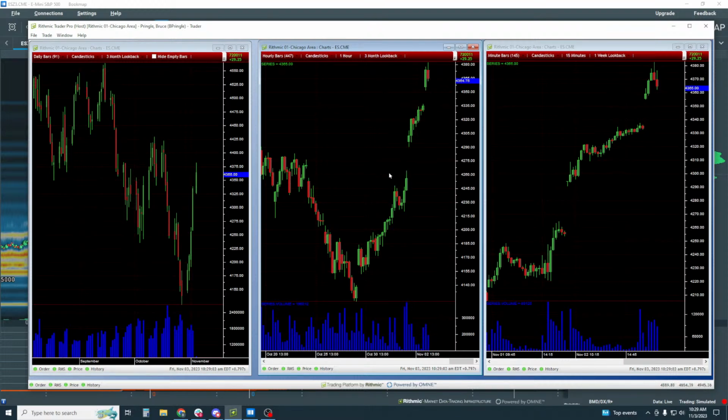A lot of times in the overnight sessions, it just grinds higher all night long. It's a slow grind, basically, and if you try to short that, you'll just get really hurt. So be really aware of that.